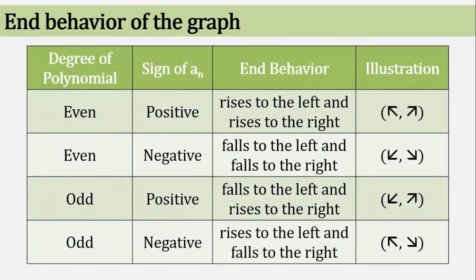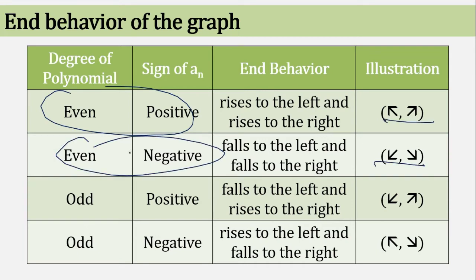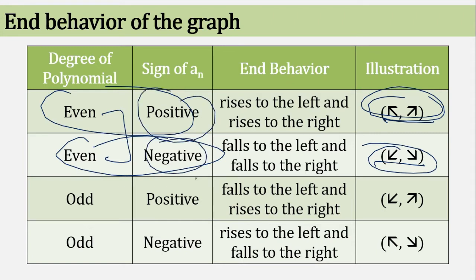So this is a table to summarize the end behavior of each condition. Even positive is this, even negative is this. A clue there: if it is even, the end behavior will both rise or both fall, depending on the sign of the leading coefficient.